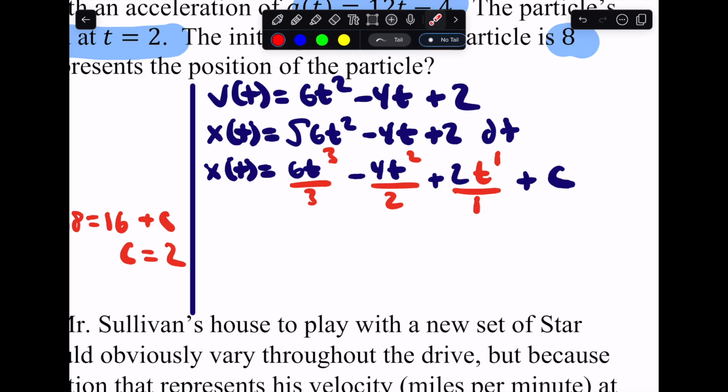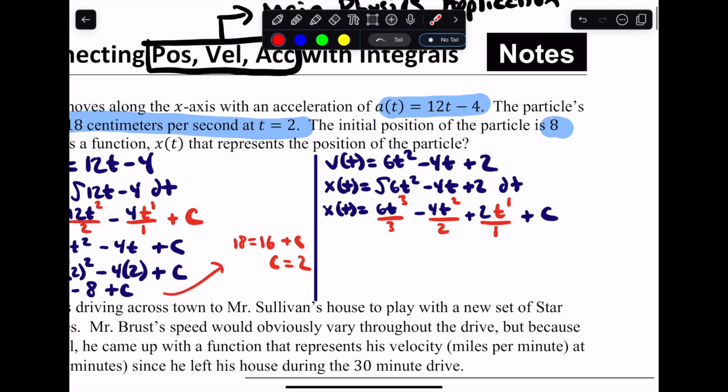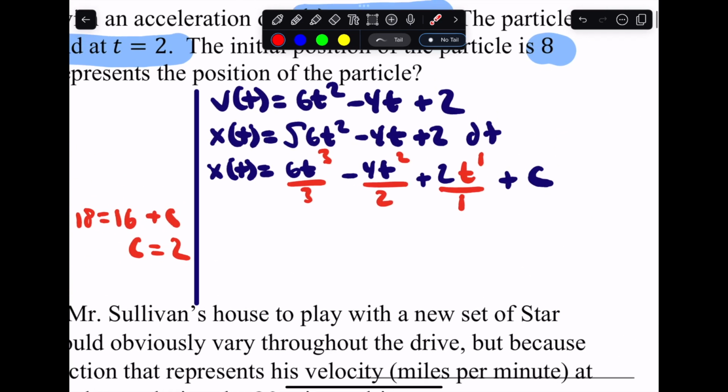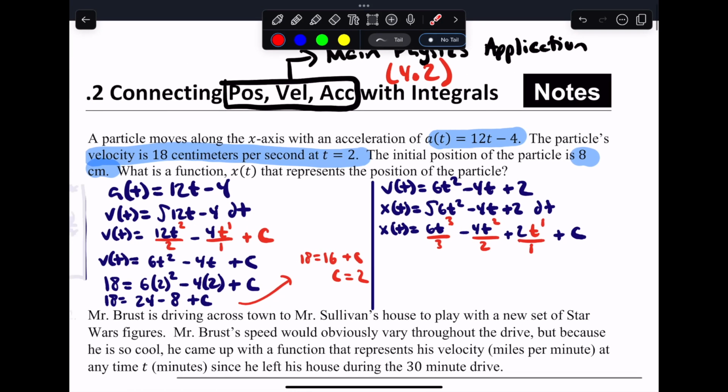Now, this is a different constant. It is technically a different plus c than the one over here. This was our c for the velocity function that we had over here, while this is our c for the position function. And yet again, because we want the position of the particle, I do need to know what the c is for this particular problem. And in this case, I'm going to use the other information they gave me, which is that the initial position of the particle is 8 centimeters.